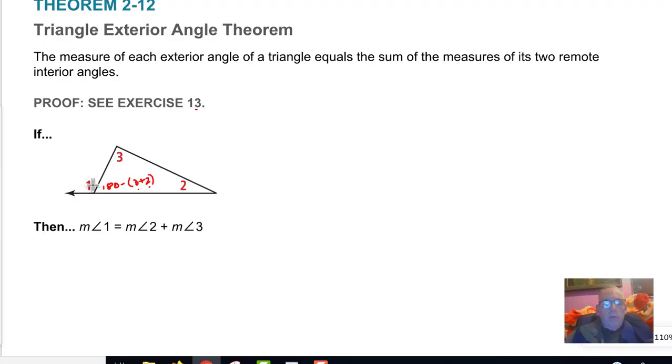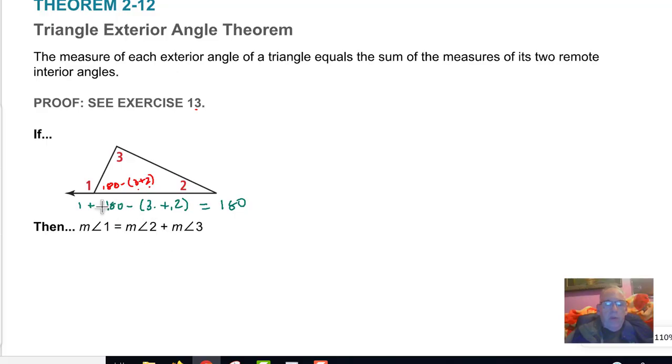Over here now, these two, let's change colors. So now, that's using the inside angles. But now these two angles are a linear pair. So angle 1 plus this angle, which we saw was 180 minus the measure of angle 3 plus the measure of angle 2, also has to equal 180. So let's see what we can do with that.